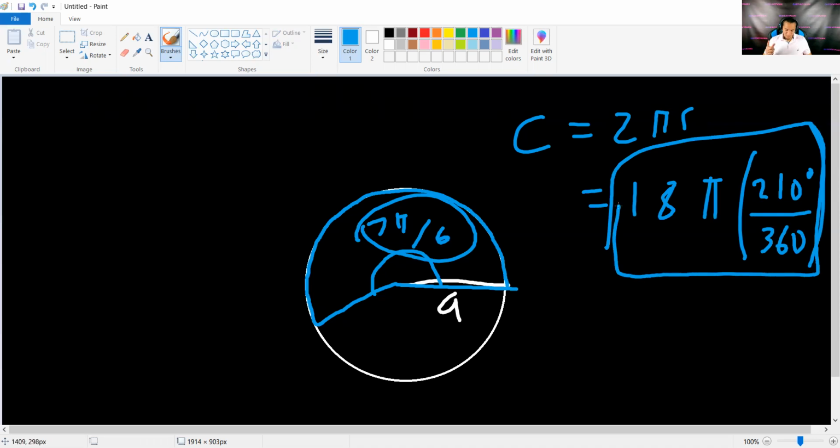Now, I don't think that plugging this into your calculator is going to give you the right answer. Okay. I know the one in the rectangle is definitely correct, but I'm just going to check right now if multiplying 18 by pi times 7 pi over 6 is the same.